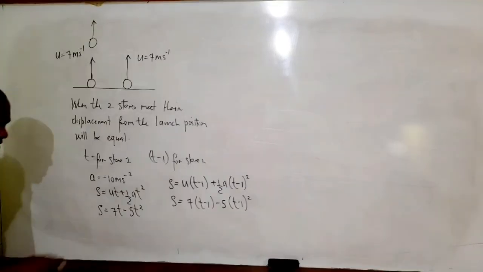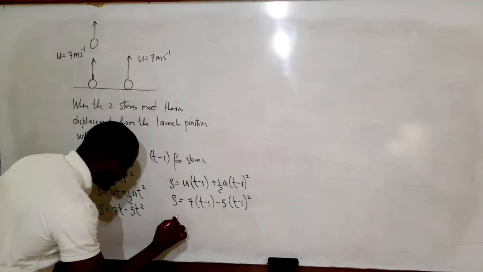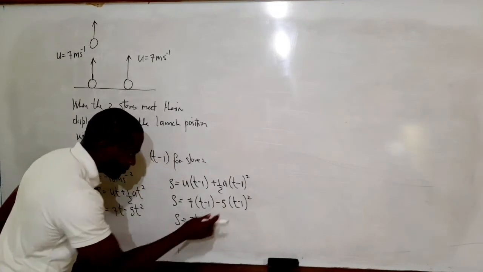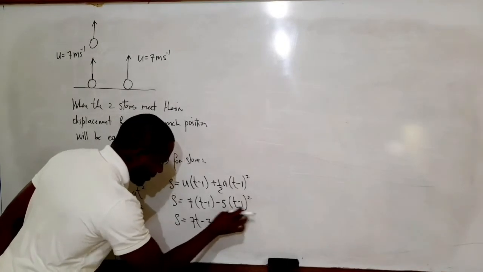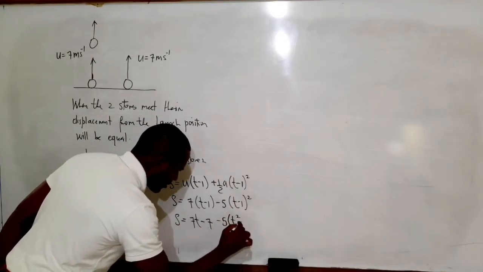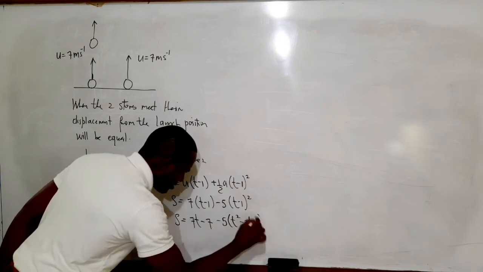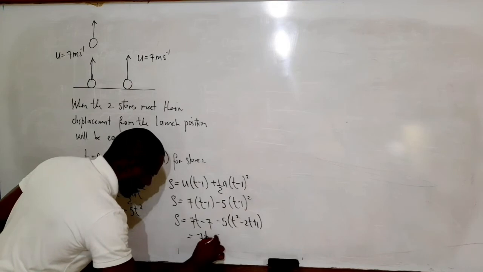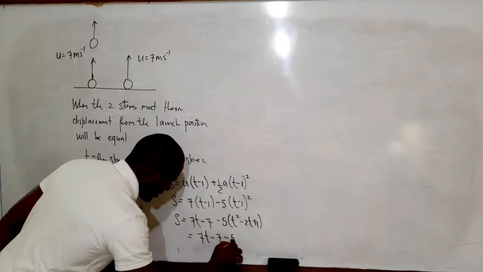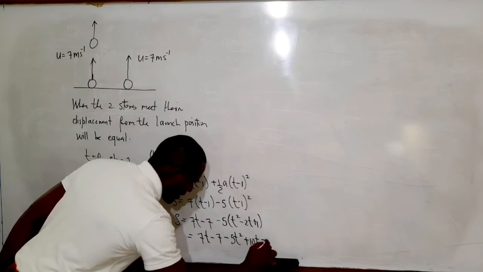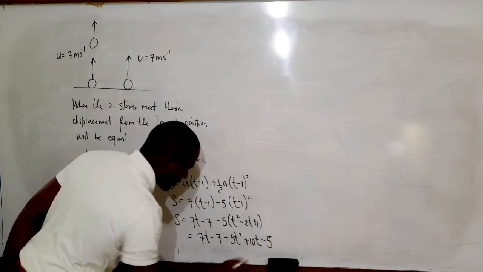Expanding the brackets, s equals 7t minus 7 minus 5 open bracket t squared minus 2t plus 1, and so this gives us 7t minus 7 minus 5t squared plus 10t minus 5.